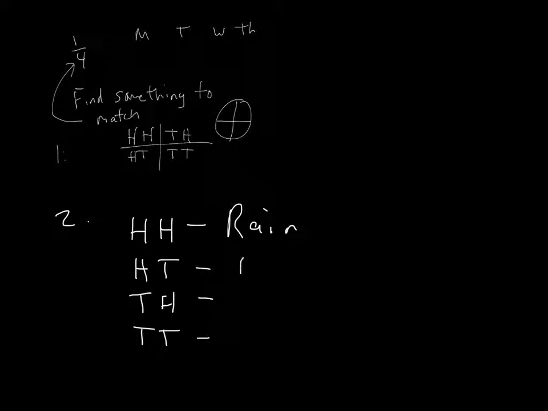Good. No, no, and no. So now I know if I flip heads, it's rain. Everything else is not rain. Good? Good. So now I've found a probability task that matches my probability that I need to study. I've defined what they all are. That's step 2.